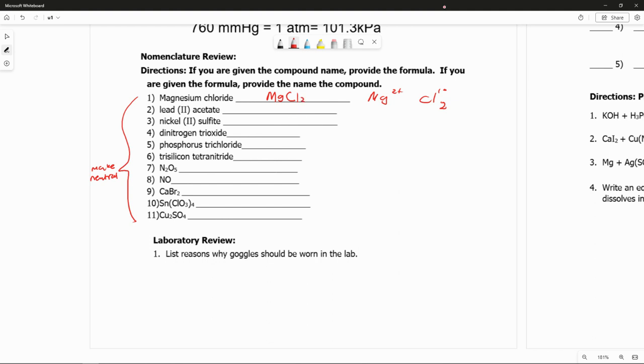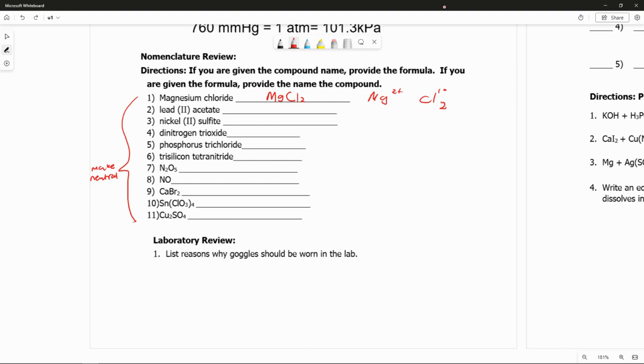All right, let's go on to the second one. Lead 2 acetate. Lead is one of your transition metals, meaning that it can hold more than one charge. There's lead 2, there can be lead 4. It's varying on its charges, so we want to make sure that we balance it correctly.